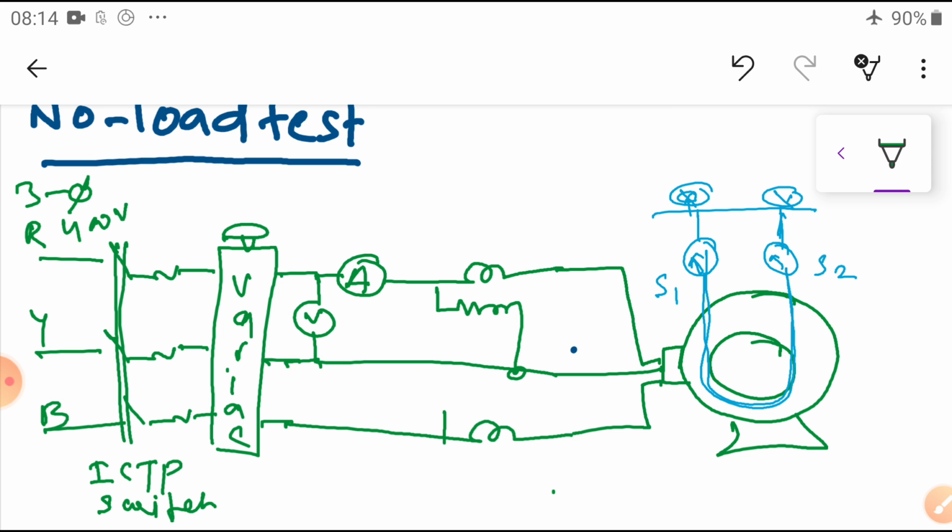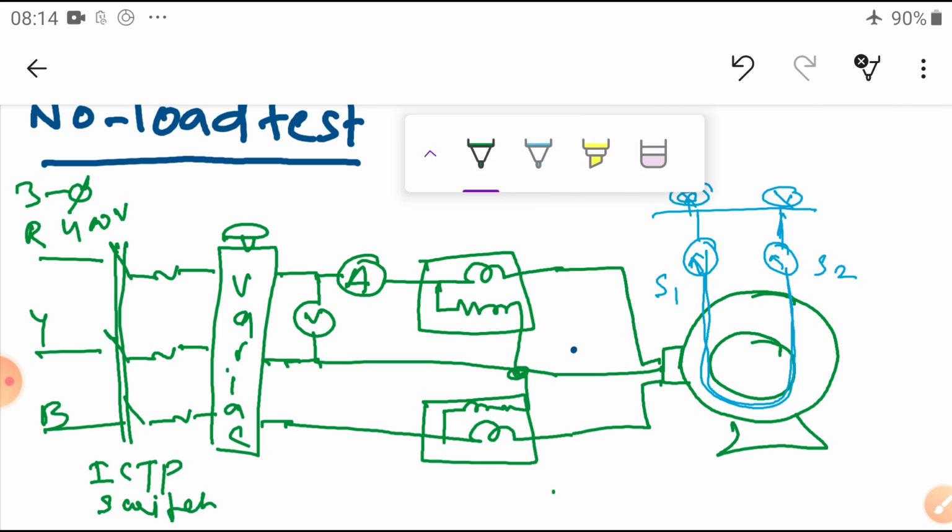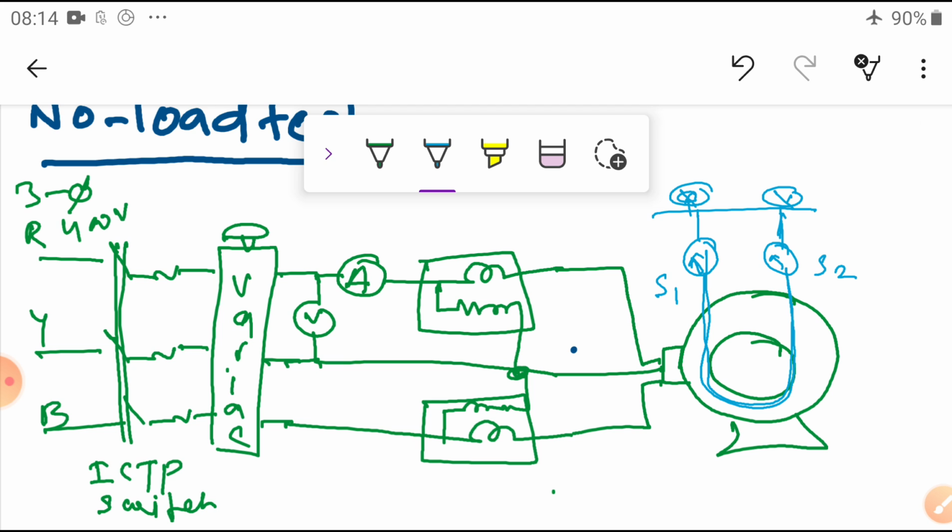Similarly you connect this one. Now you know that terminology also. This is a voltmeter, that is called V. This is the current indicator. This is W1 and this is W2. This meter is connected.